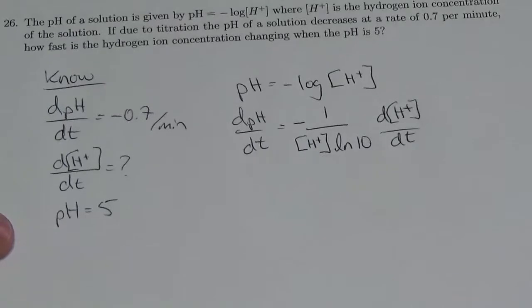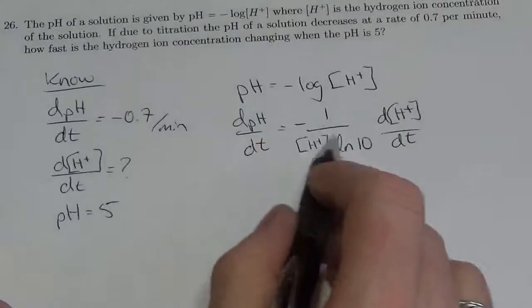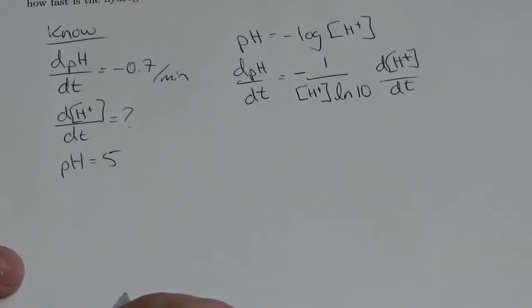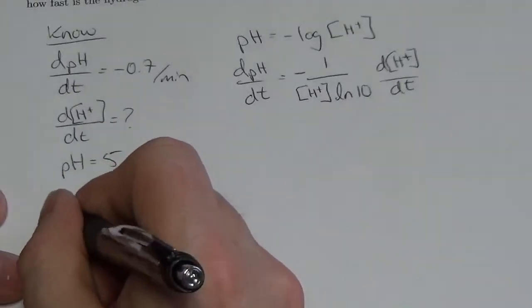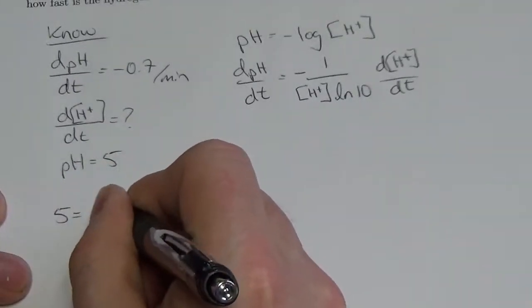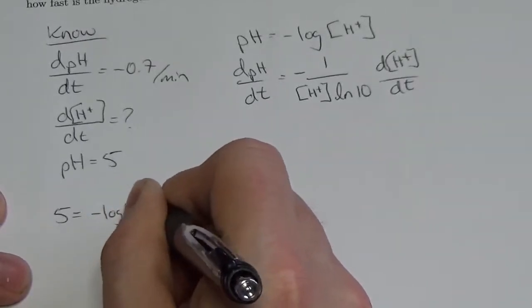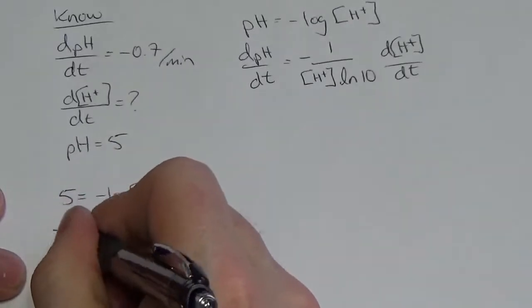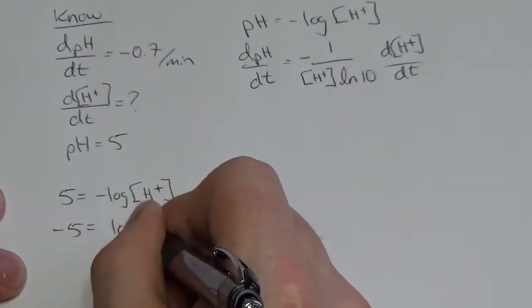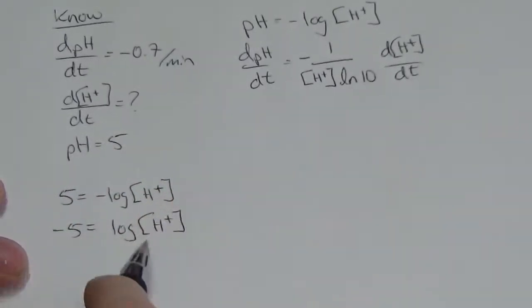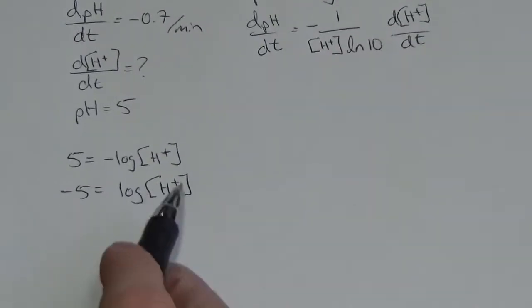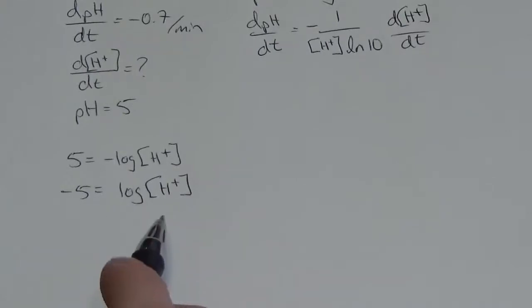Okay, well, I've got almost everything I need. It's just that one little thing there. I don't know what the hydrogen ion concentration is when the pH is 5. So let's plug that in. So 5 is equal to the negative log of the hydrogen ion concentration. Bring the negative over. And now, for me to solve the logarithmic equation here for the argument, I need to get rid of that logarithm.